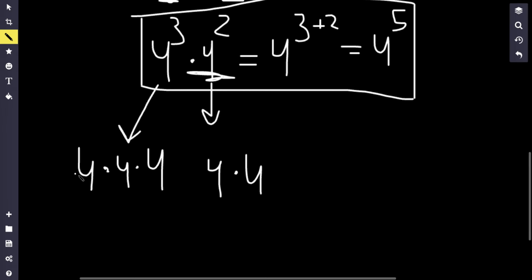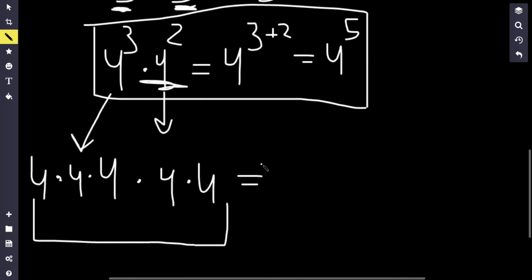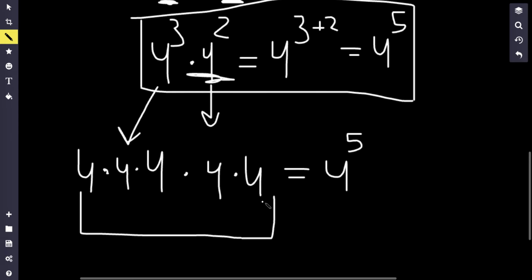And you're multiplying 4 to the third, which is this, times 4 to the second, which is this. And what you'll notice is that when we multiply all of these 4s together, how many 4s are there? There are 1, 2, 3, 4, 5 4s. So this is just going to be equal to 4 to the 5th power, because all of those are 4, and there are 5 4s in total, and you're multiplying all of them together.